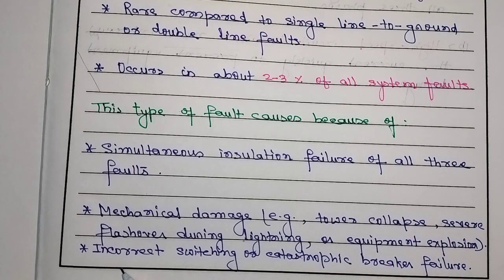Next one we have incorrect switching or catastrophic breaker failure because of incorrect switching. This type of fault also occurs in the system.